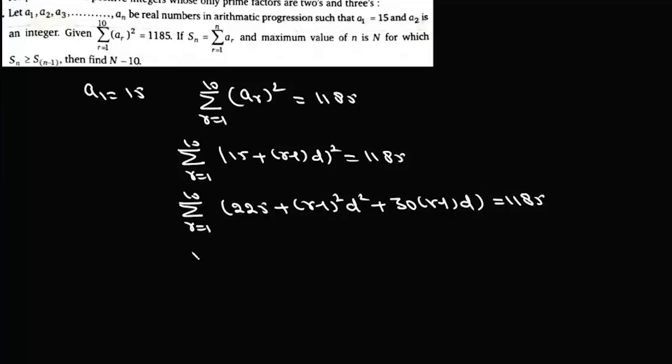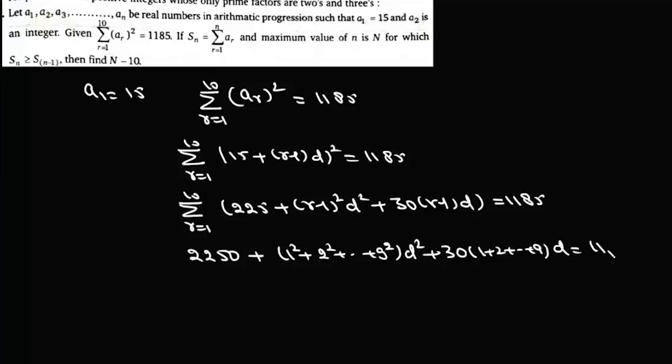Now we take this summation, this first term will be 2250. Now this is 0 square plus 1 square up to 9 square, so this is 1 square plus 2 square up to 9 square d square, and this is 30, and this is 0 plus 1 plus 2 up to 9 into d, and this is 1185.